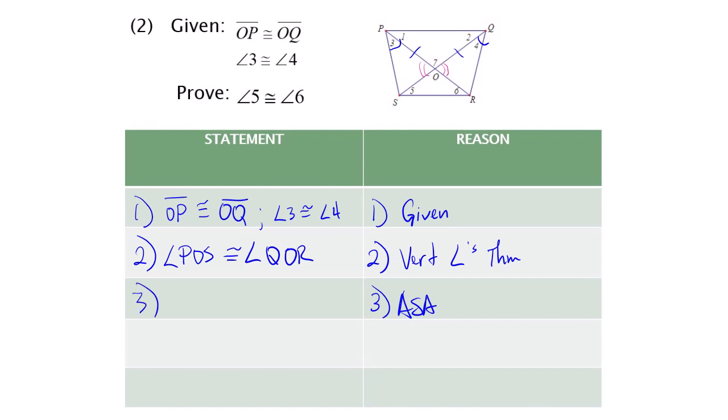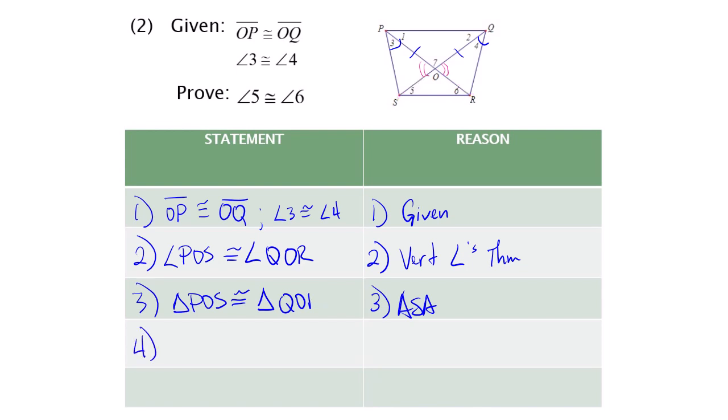And so the two triangles are triangle POS and triangle QOR. Okay, so now that we know those triangles are congruent, we can say that SO is congruent to OR, right? CPCTC.